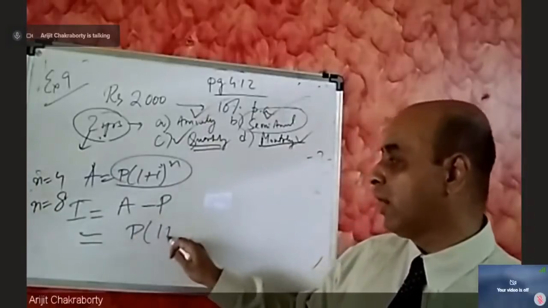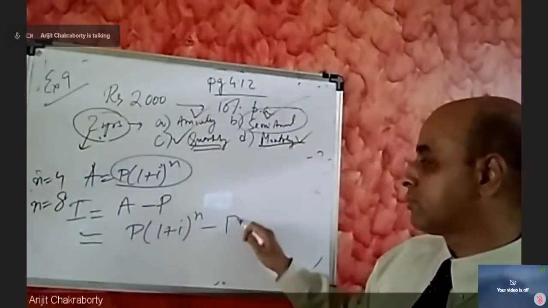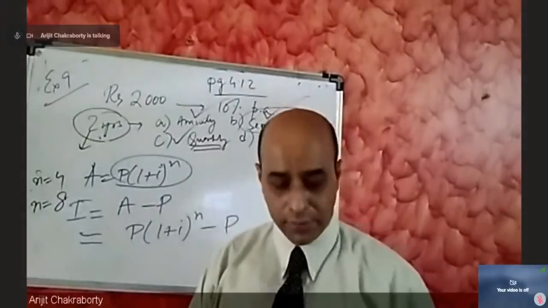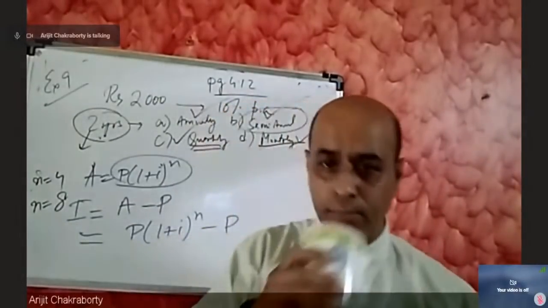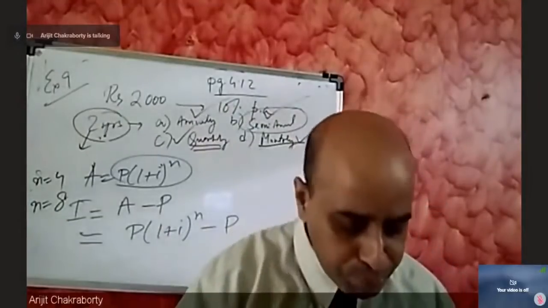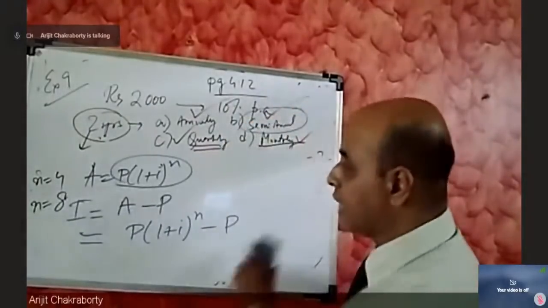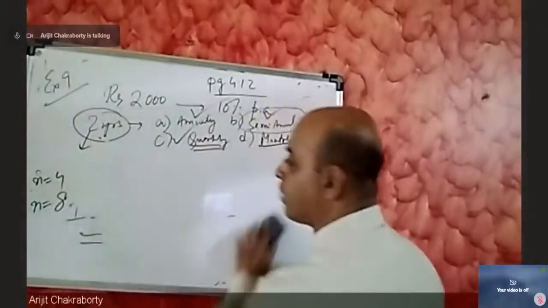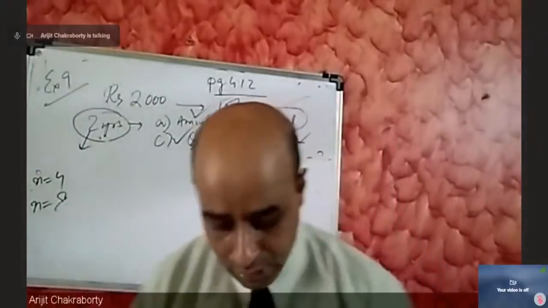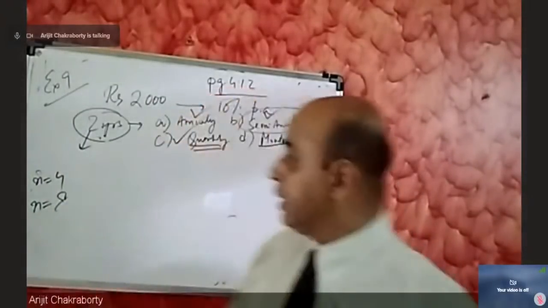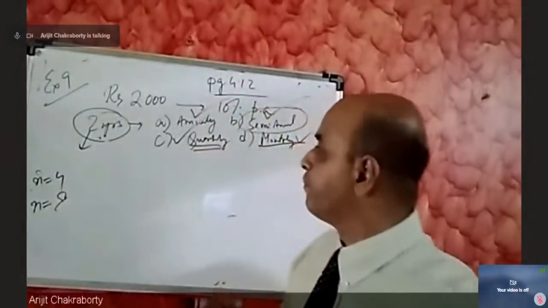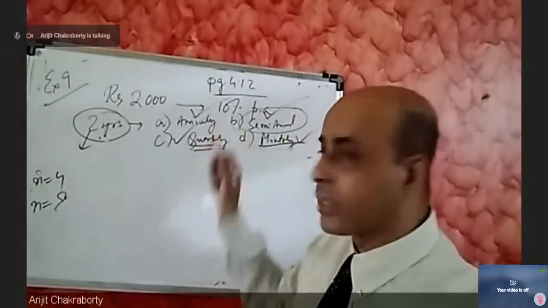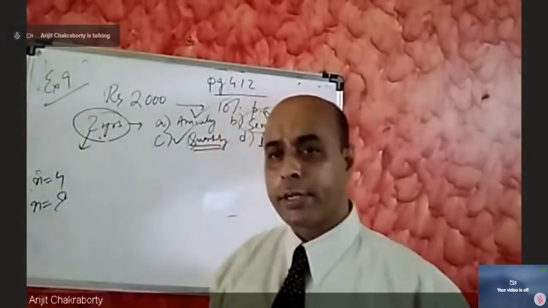So P into 1 plus I to the power n minus P. Okay, this is what we have discussed till now, and now we will do the monthly compounding. So what will happen in case of monthly compounding, dear friends? I leave it to you. Please apply your mind. Now, in case of yearly compounding, the annual interest rate is 10% for 1 year.